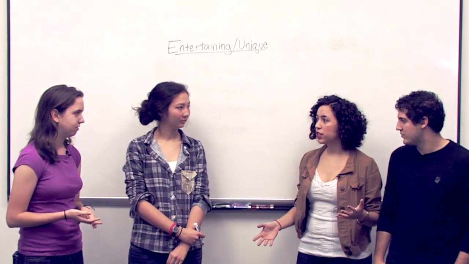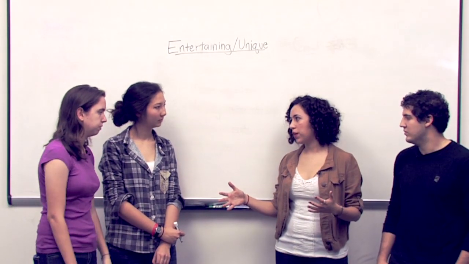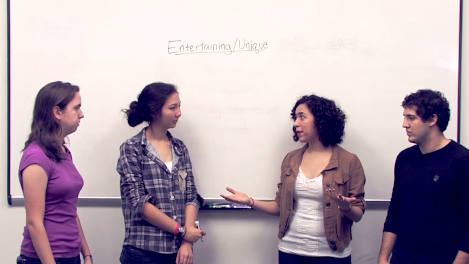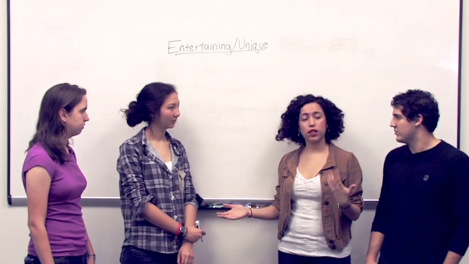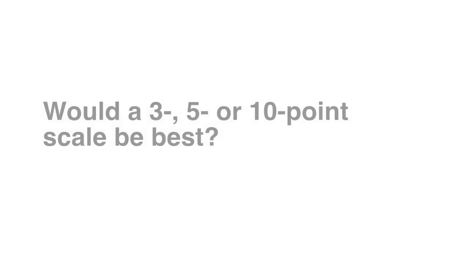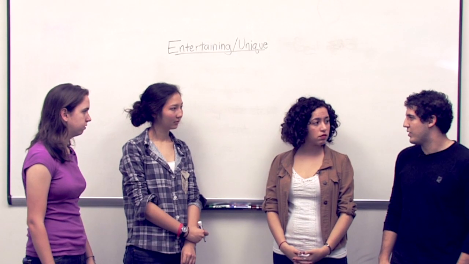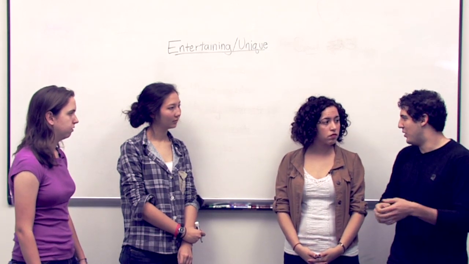I think first of all we should figure out what range we want the scale to be on. I know Dr. Sadeback recommended anywhere from 3, 5, or 10 for a range. So what do we think we should do? So 3 seems like it's too small, right?